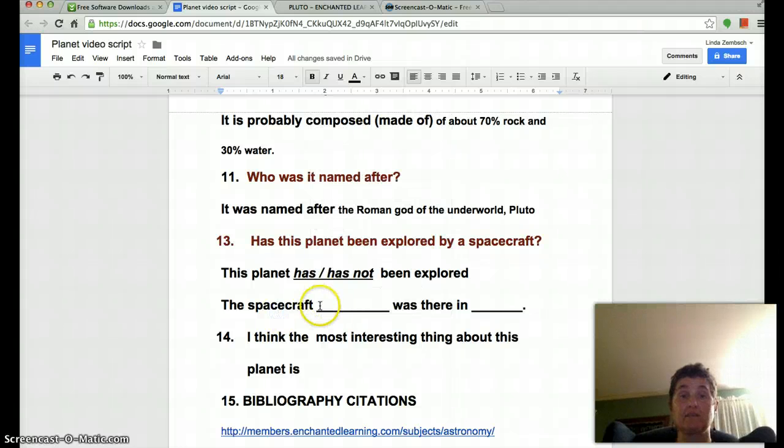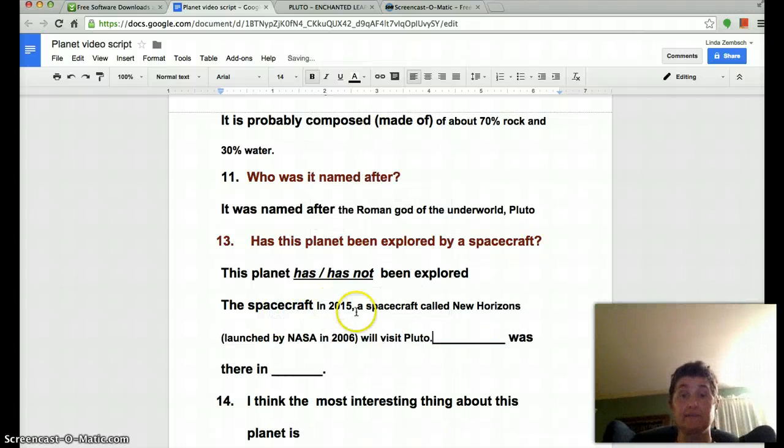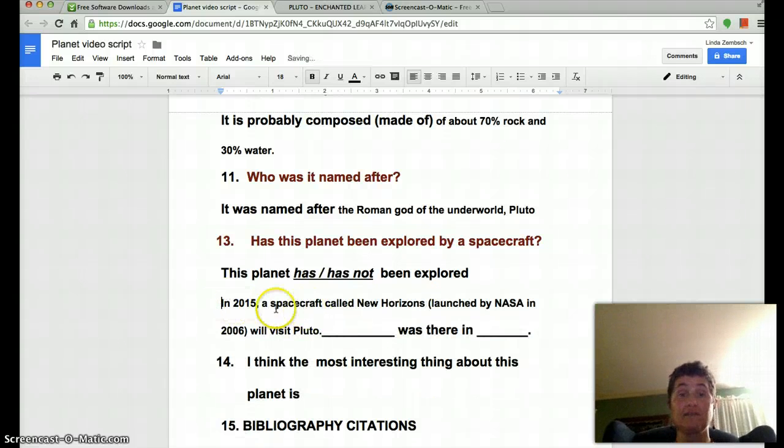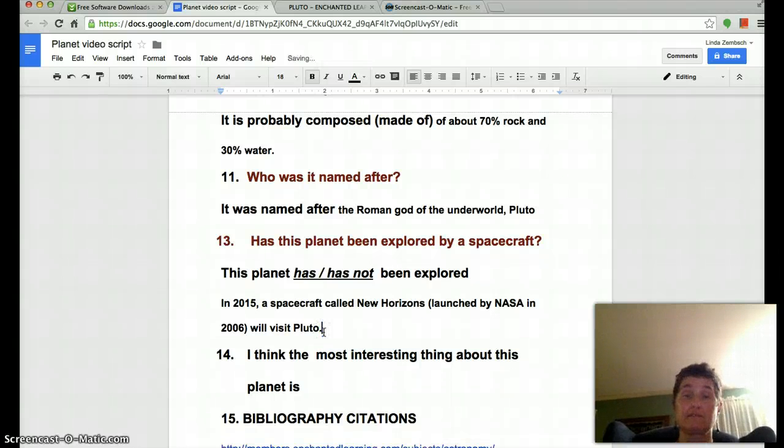So the spacecraft, I'm just going to change this. In 2015, a spacecraft called New Horizons will visit Pluto. Not every planet has been visited by a spacecraft, but Pluto will be if everything goes as planned.